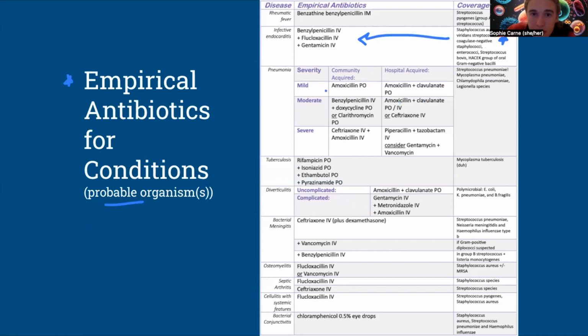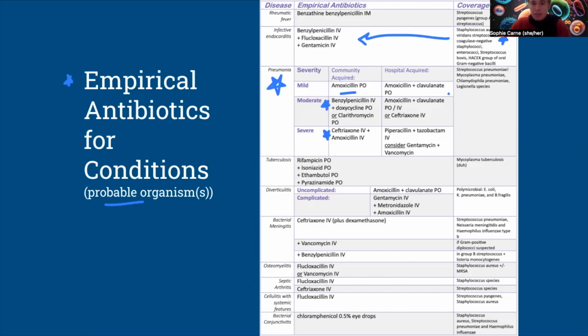You should definitely know this pneumonia treatment formula. So for mild, you should use Amox. For moderate, you should use Ben Pen and Doxy. And for severe, you should use ceftriaxone and amoxicillin.